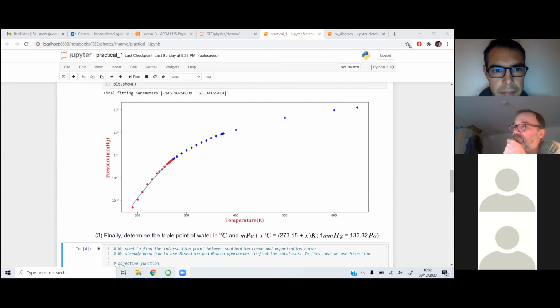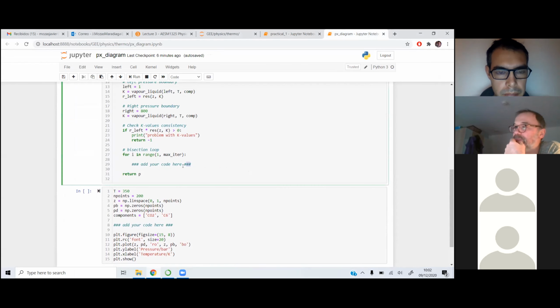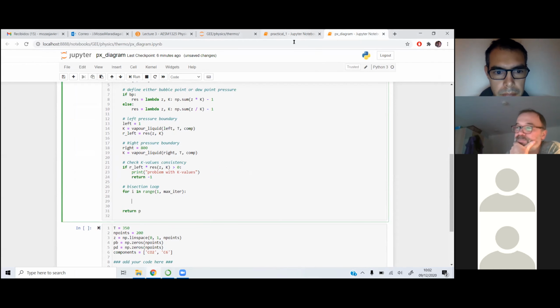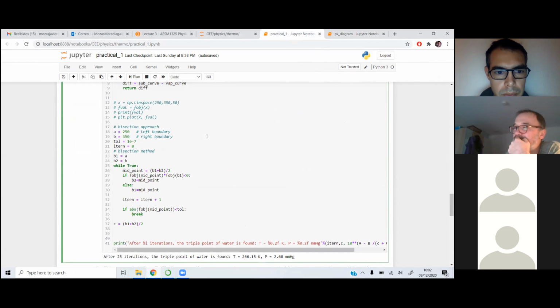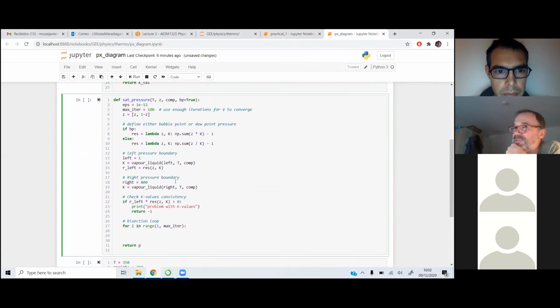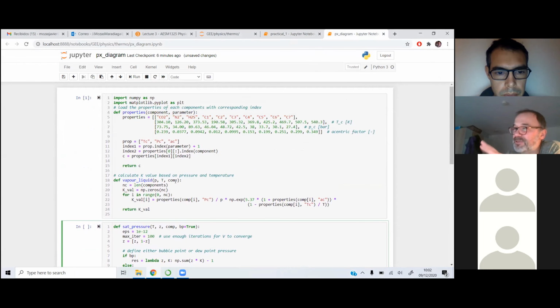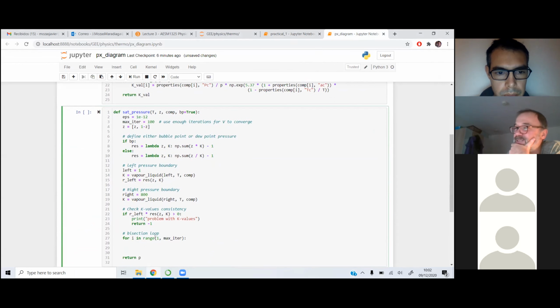So I have the practical here. And this is the new one. So you just have to do the bisection section, right? Yeah. You have to define the two things. Just let me find how it's done here. Right. So the two boundaries. You already have two boundaries on the upper part. There is left and right. Yes, left and right.